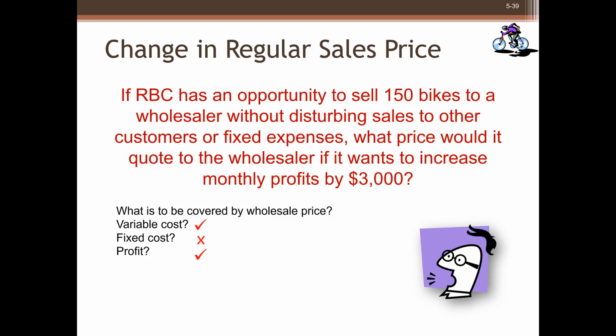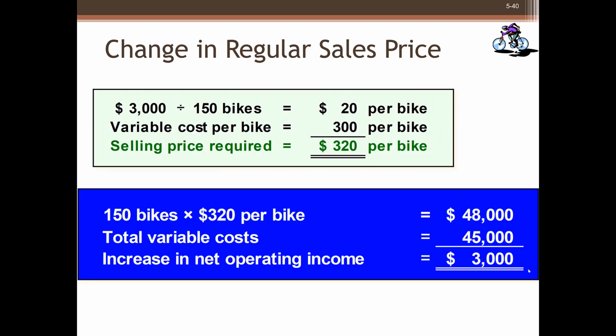Here, we can use incremental analysis. We just take a look at the 3,000 profit RBC wants to achieve, and we divide it by 150 bikes. That's specifically for the wholesaler. As long as on each bike RBC can earn $20 profit, then RBC can achieve its target.